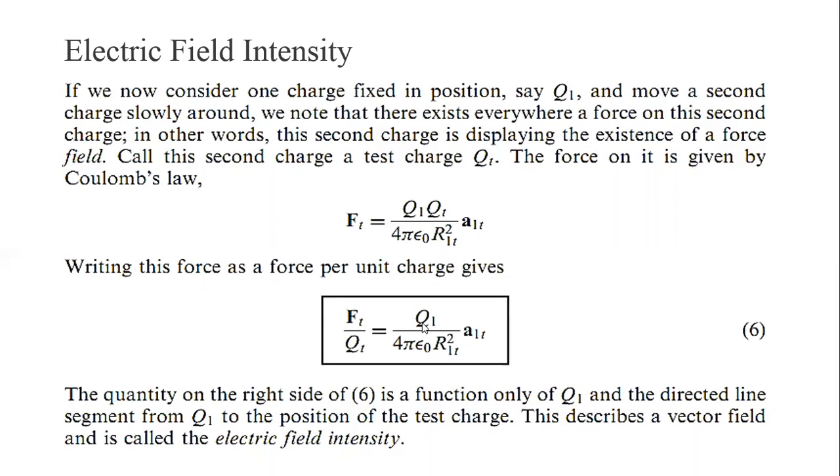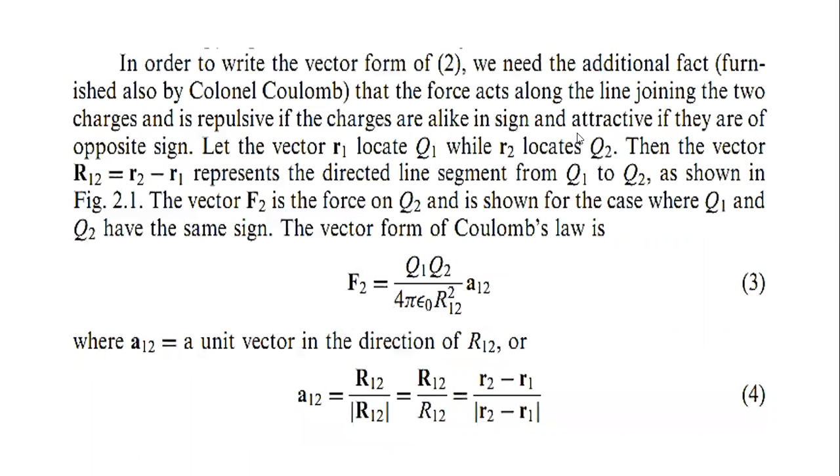So if we have a source charge Q1 that is placed at some point, due to this source charge Q1 we can find the electric field intensity at this point. Let's suppose we have a source charge Q1 and this distance is R1.